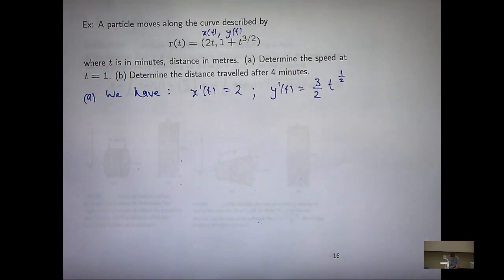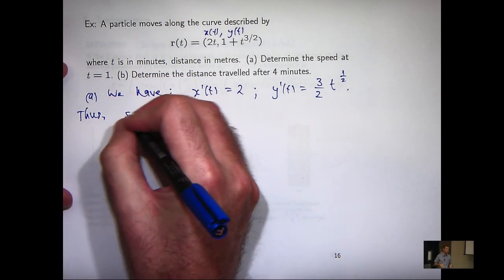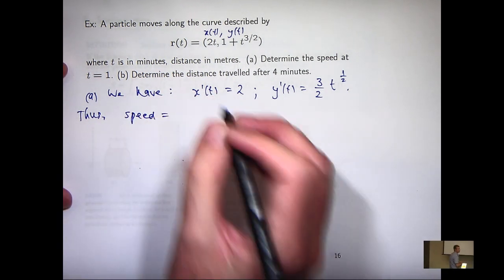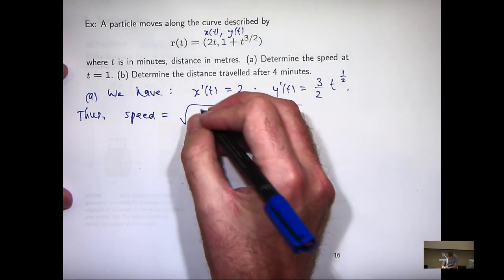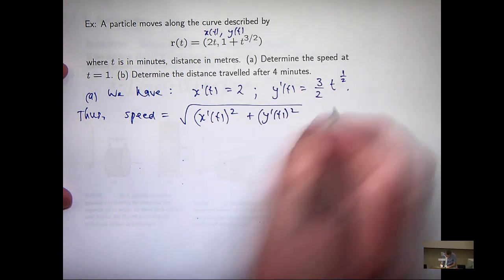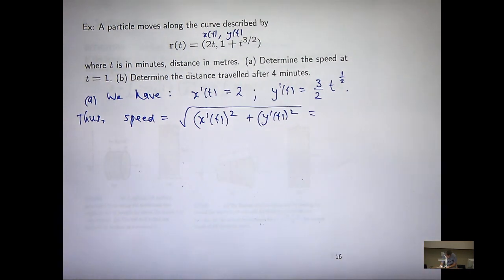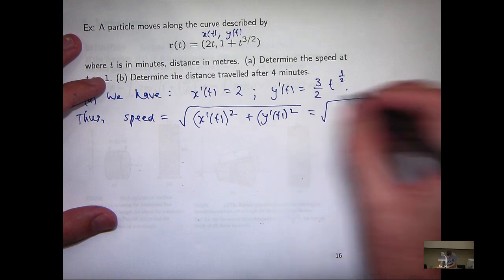So all we have to do is square them, add them together, and take the square root.